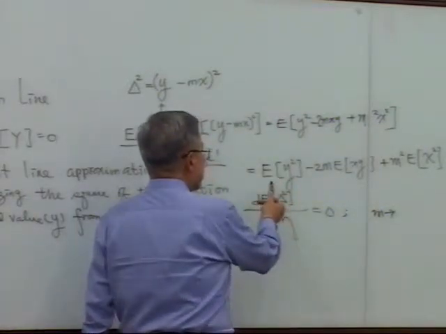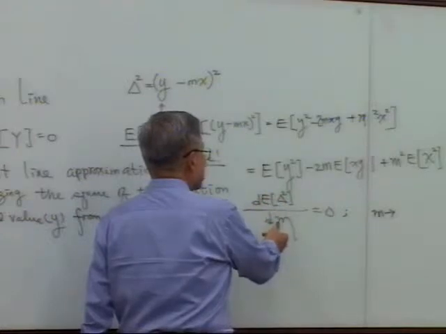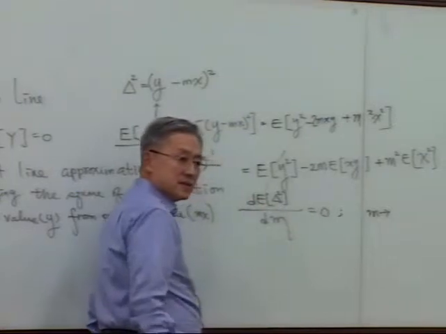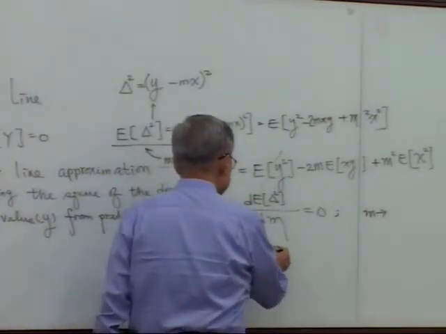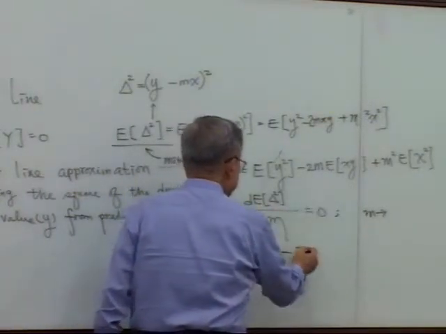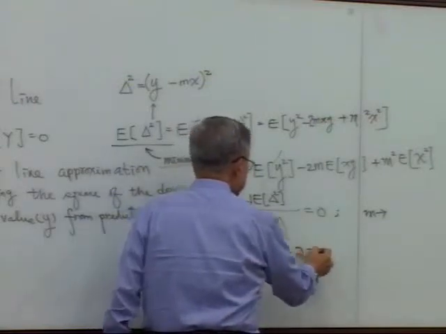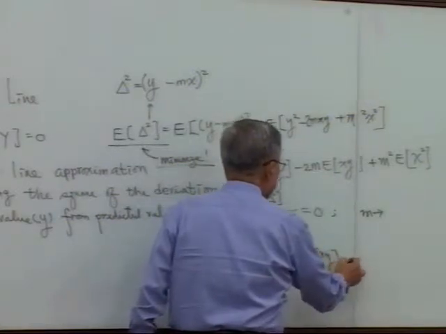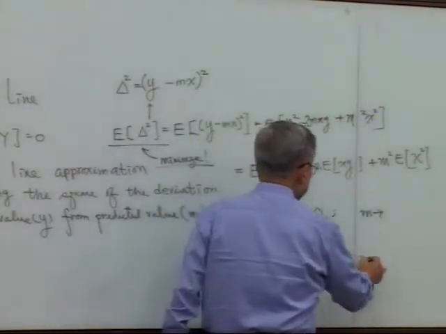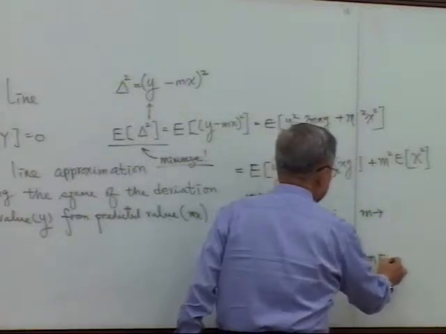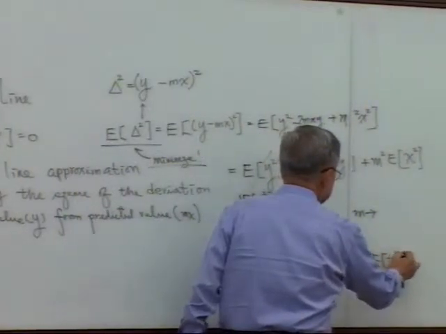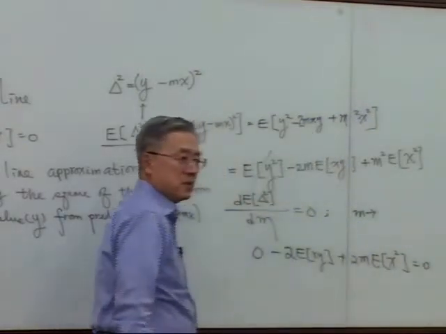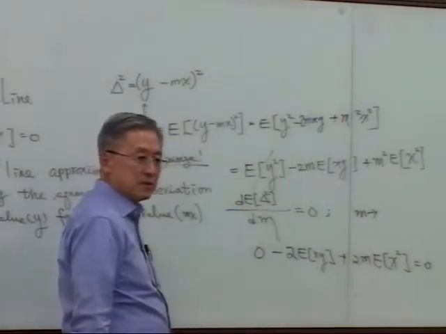If you take the derivative with respect to m, the first term is 0. The second term is minus 2 E of xy, plus 2m E of x squared. If I screw up, let me know. And that has to be equal to 0.